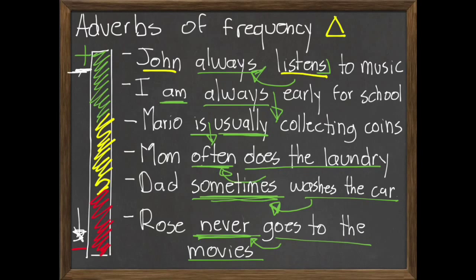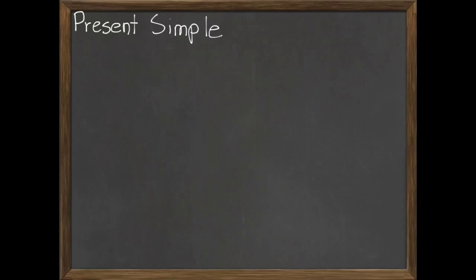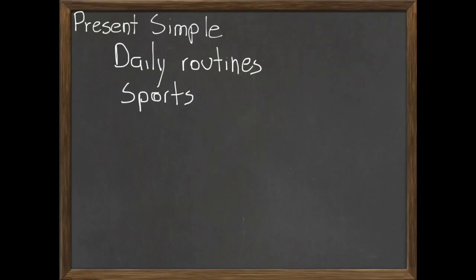In this module, we saw a lot of different activities. We saw some daily routines, which are talked about with the present simple form of verbs, such as brushing teeth, taking a shower, having breakfast, or going to bed. We also saw different sports, such as playing basketball, going swimming, and playing tennis.